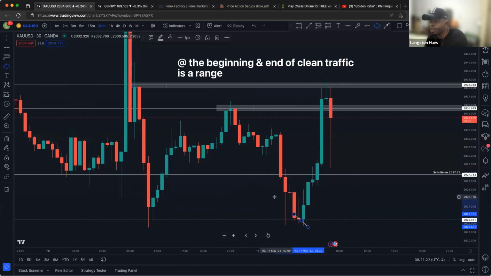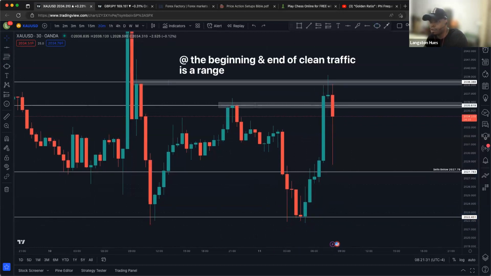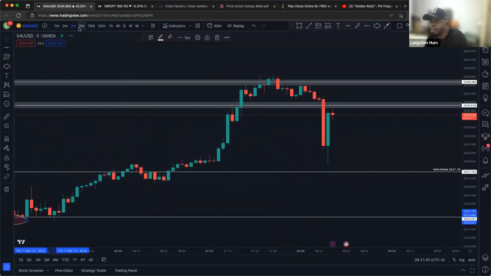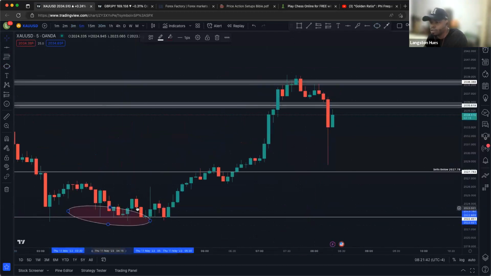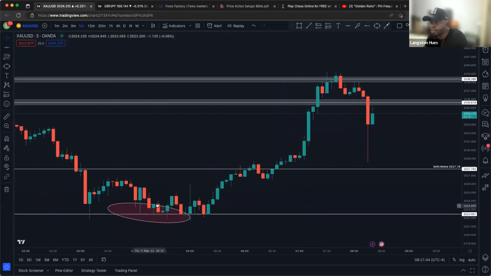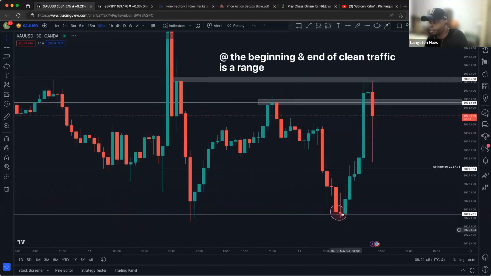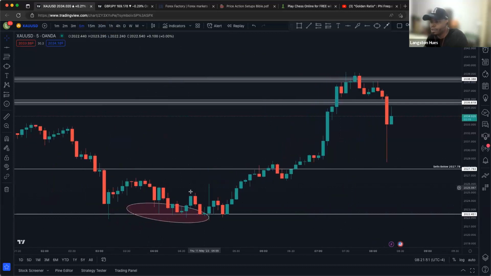Oh snap, what happened? If we just highlight this for a bit, right? And then we come over to the 5-minute, you'll see that this was a range, right? On the 30-minute, it just looks like one candle, but that makes up multiple candles on the 5-minute, right?